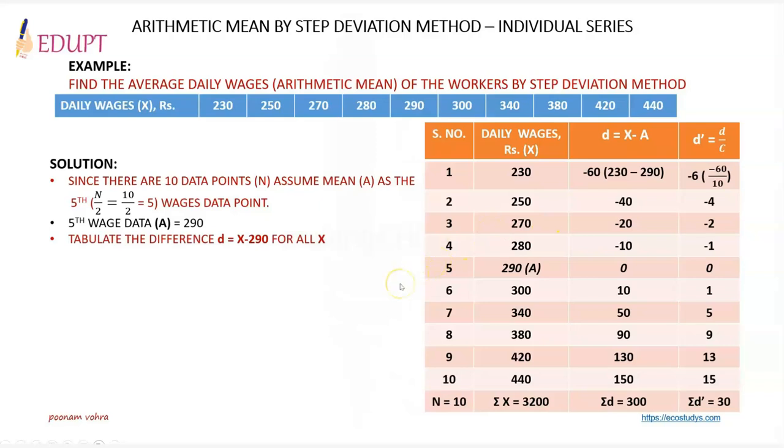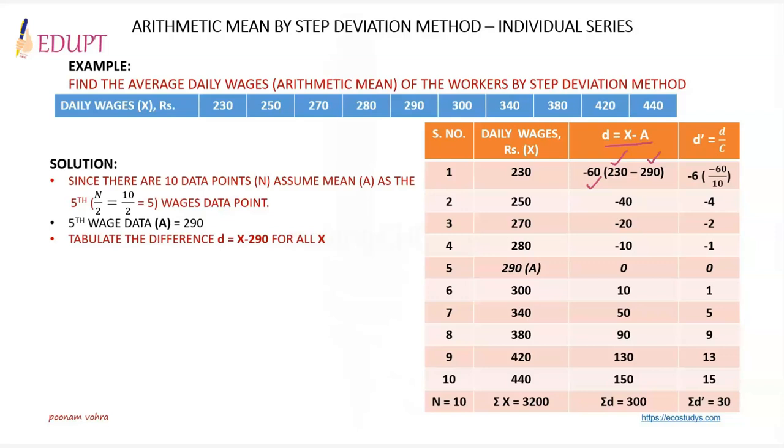Then next we shall find the deviations as we have done in earlier cases. Deviation is x minus a, where x is the values of observation and assumed mean is 290. In the first case, we get deviation as minus 60, which is 230 minus 290. And then we follow the same method for all the observations.